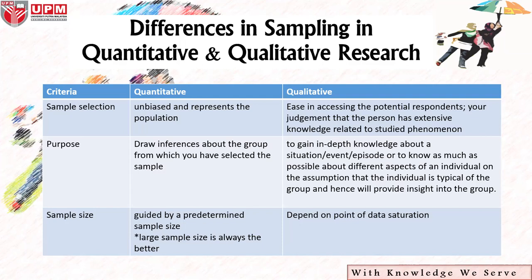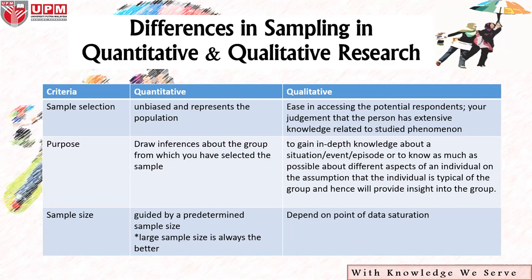Okay? But in qualitative, it depends on the point of data saturation. Kalau dalam kualitatif, number of sample depend on the data saturation point. Ketepuan data. What does it mean by data saturation? Data saturation means that if the recently collected data already repeat the answer given by previous informants.